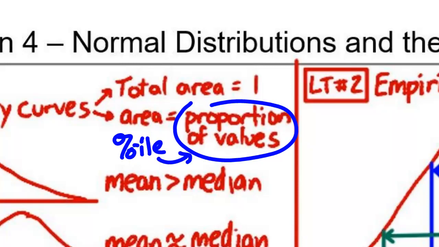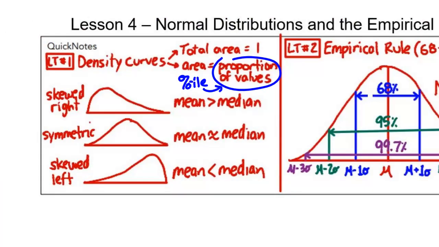And in my distributions here, if we have a skewed right distribution, the mean is going to be bigger than the median. If we have a symmetric distribution, the mean is going to be approximately the same as the median, and skewed left, the mean is going to be smaller than the median.